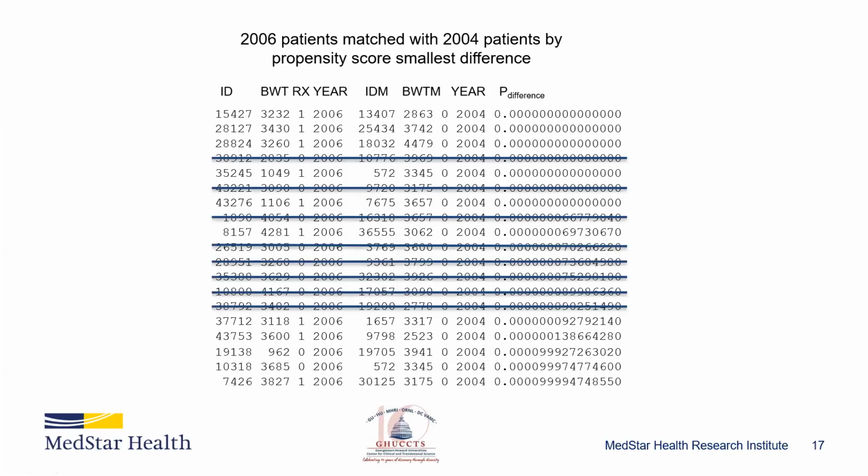You can see that quite a few out of just this small subset didn't participate in the intervention. That's why we come up with only 1,400 and some pairs.